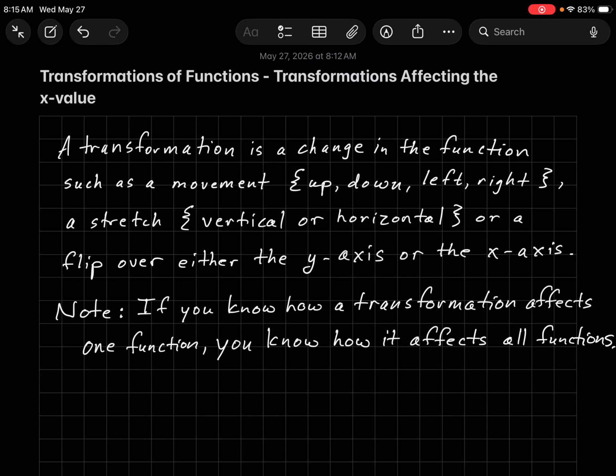A quick reminder that a transformation is a change in the function, such as an up, down, left, or right movement, a vertical or horizontal stretch, or a flip over either the y or the x axis.